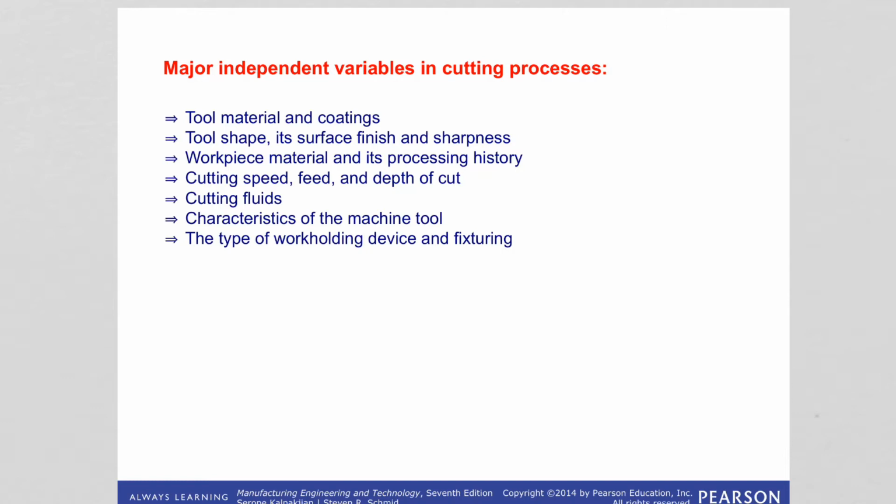For example, tool material and coatings, tool shape, its surface finish and sharpness. You can expect these to affect the cutting process, right? Workpiece material and its processing history, meaning what type of material you are working on, and is it heat treated? Does it have a hard surface? What is the hardness? Is it brittle? Those types of things affect the cutting process.